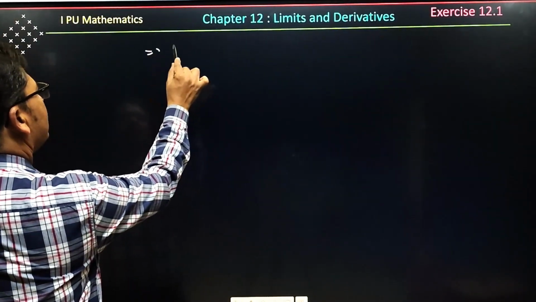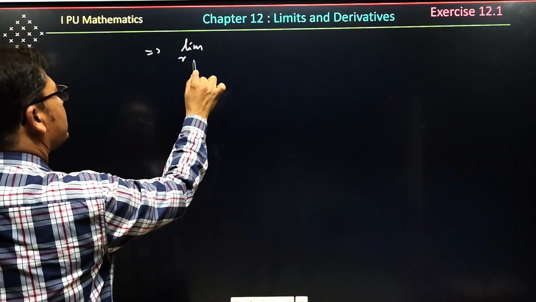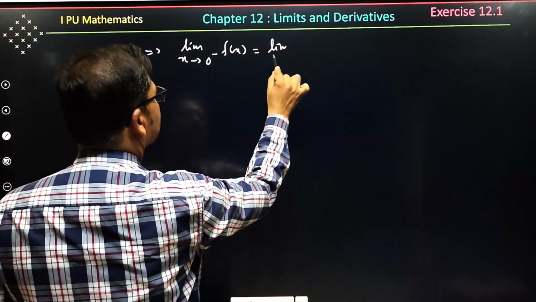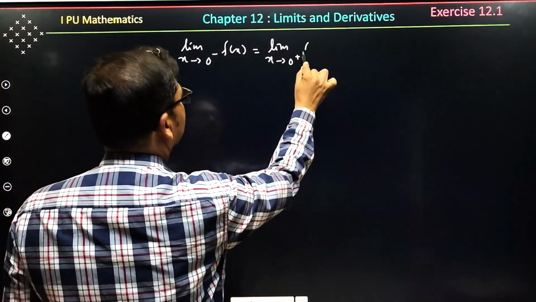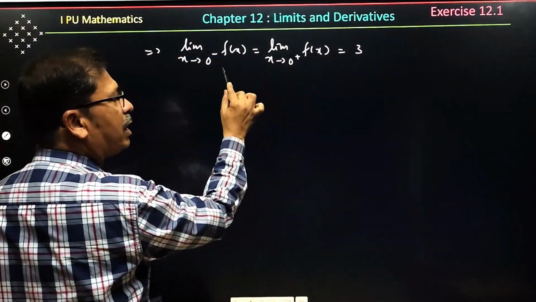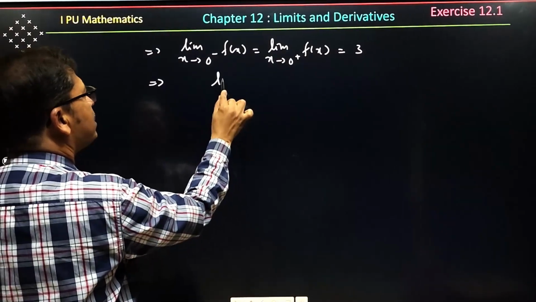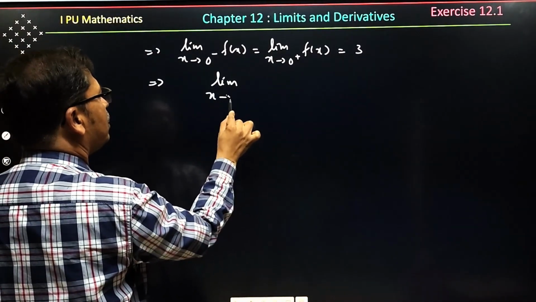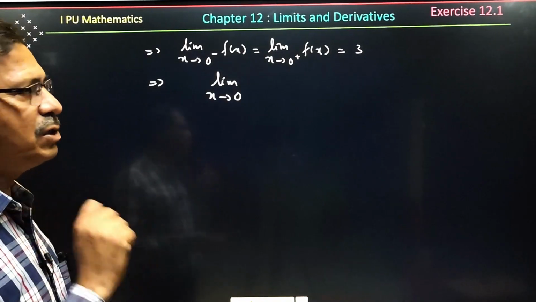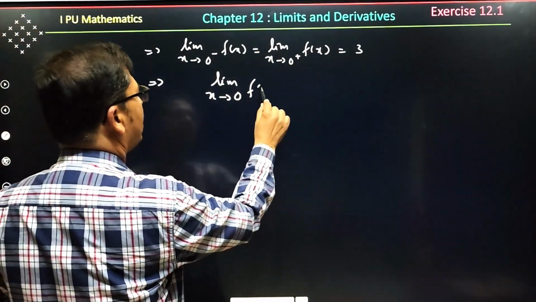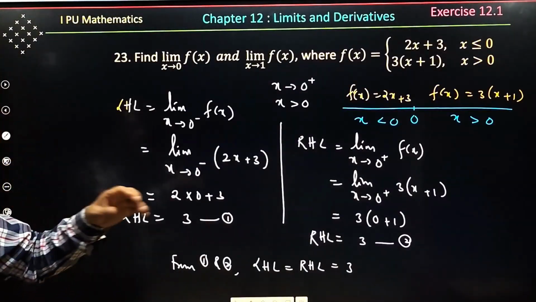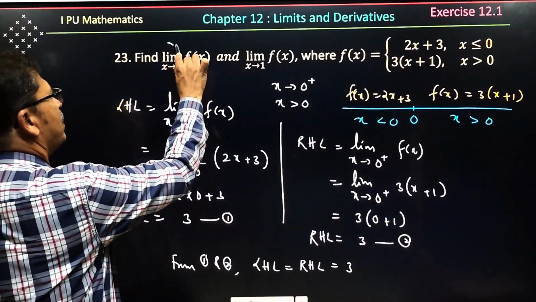This means the limit as x tends to 0 minus of f(x) and the limit as x tends to 0 plus of f(x) both lead to 3. Combining the left hand and right hand limits, in the language of limits, x tends to 0 minus and 0 plus means in the neighborhood of 0. That means the limit as x tends to 0 of f(x) is equal to 3. This completes the calculation for the limit as x tends to 0 of f(x).